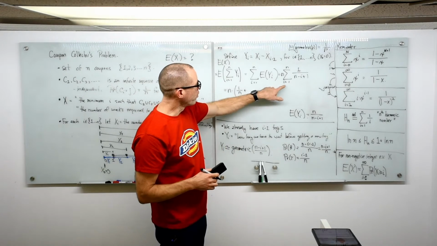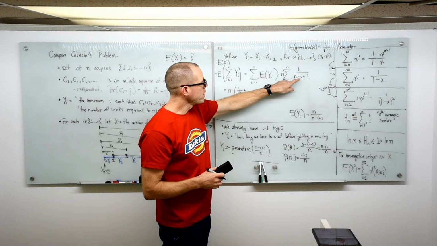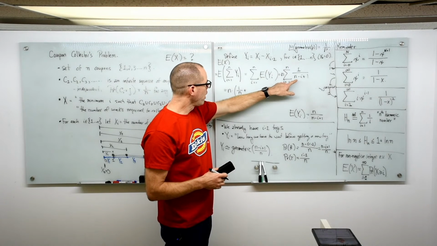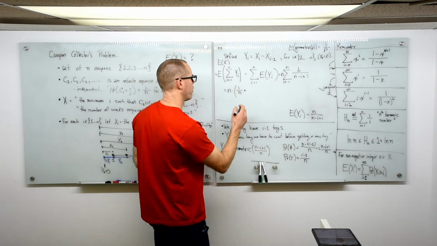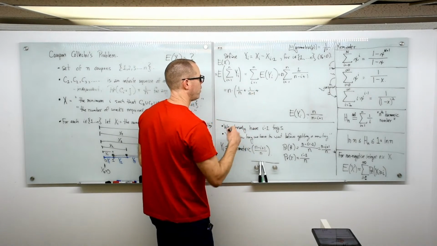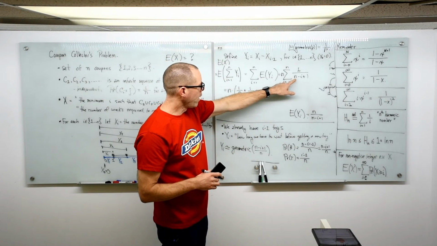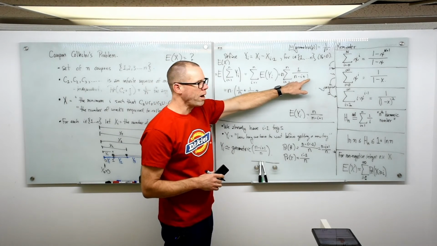Now what's the second term? When i equals 2, it's n minus 2 plus 1. So that second term is 1 over n minus 1. Well, now the third term, this gives me an n minus 3 plus 1, so it's 1 over n minus 3.